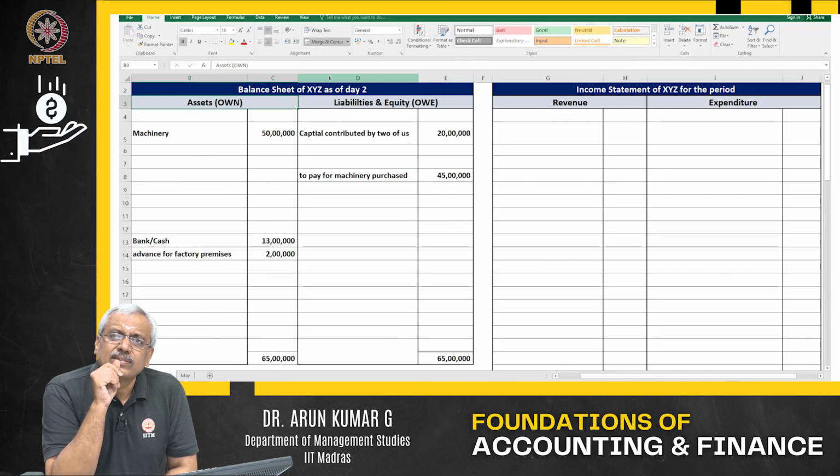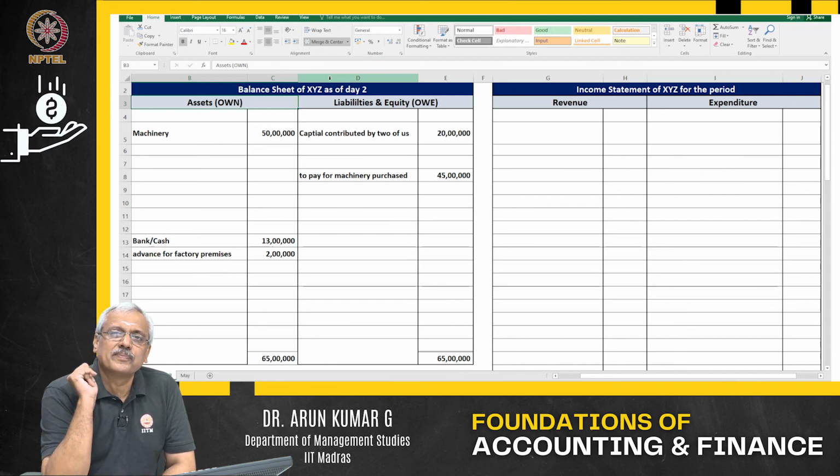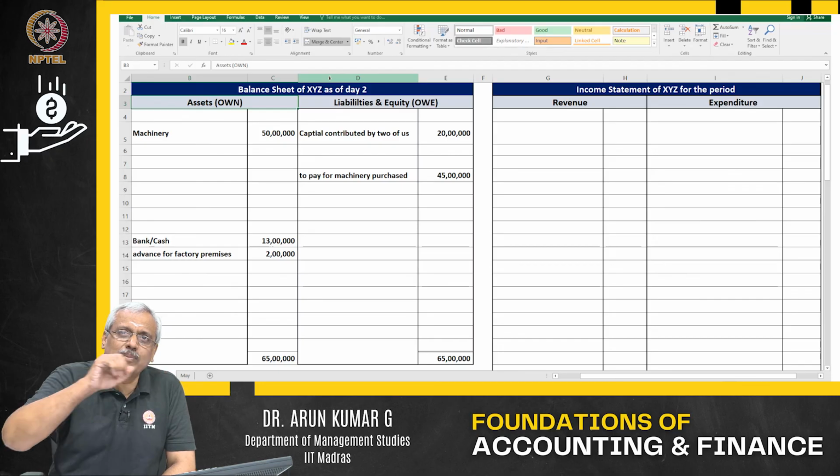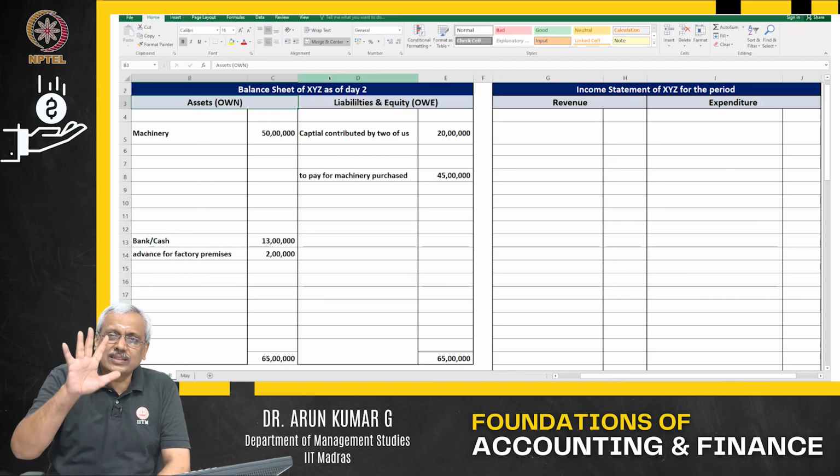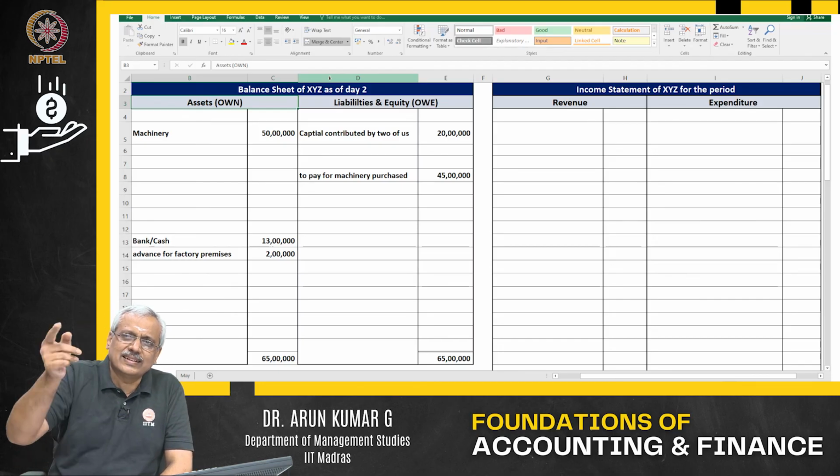Let me take a transaction. I purchase raw material worth about 5 lakhs on a 30-day credit. I have purchased raw material worth about 5 lakhs on a 30-day credit.